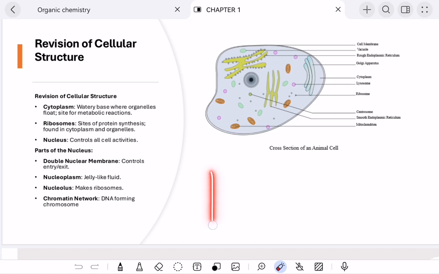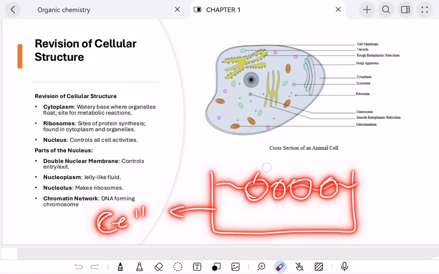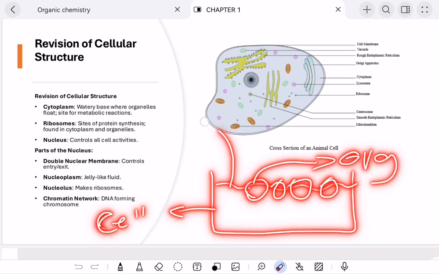If we have a bucket and we fill the bucket with water and we put some floating objects, the bucket will be our cell, right? And these will be our organelles, and the water will be our cytoplasm, right?